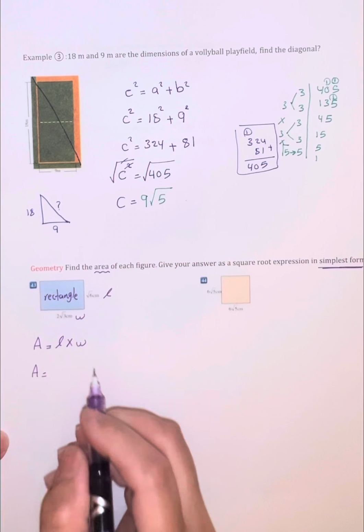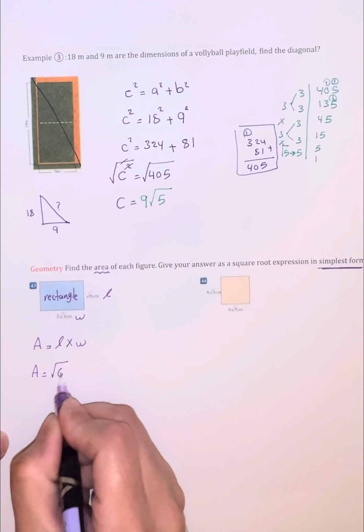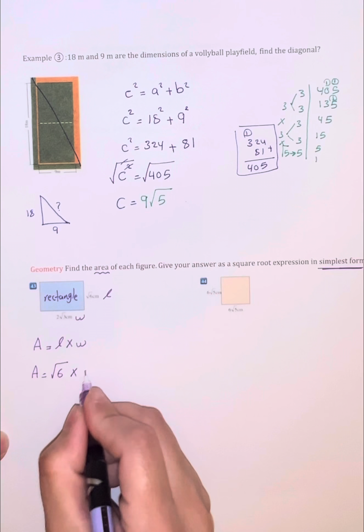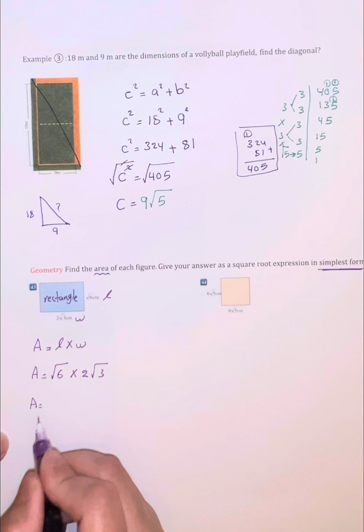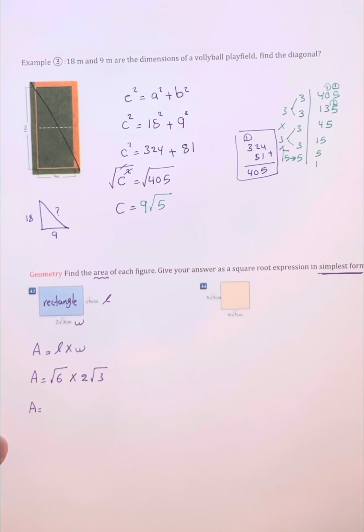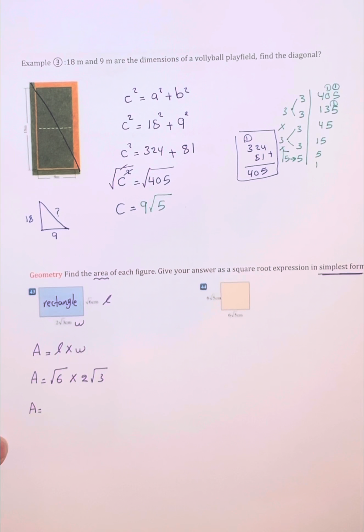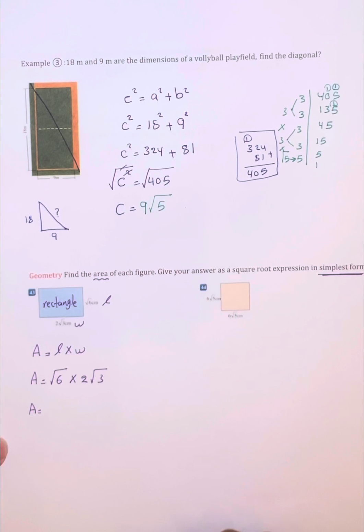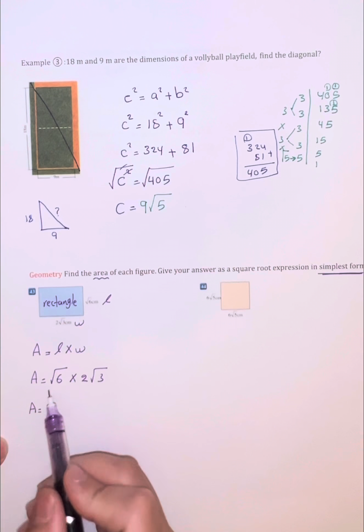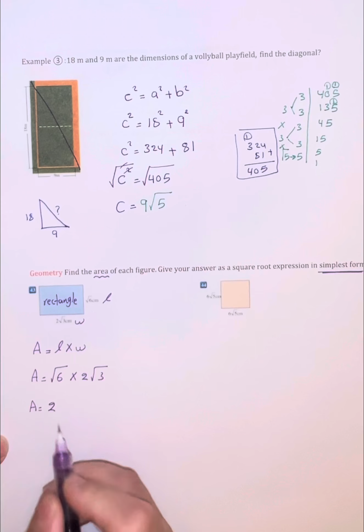A equals, length is square root of 6 times 2 square root of 3. There is a note, if we have two square root expressions and multiply between them, number by number, square root by square root, okay? And if you don't see any number next to the expression, it means 1. 1 times 2 is 2.